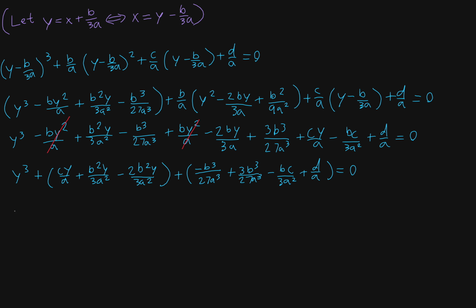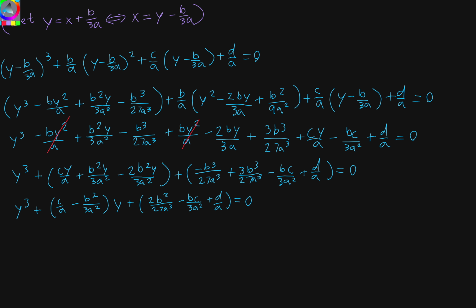So we're going to have y³ plus (c/a − b²/3a²) times y plus 2b³/27a³ minus bc/3a² plus d/a is equal to 0.